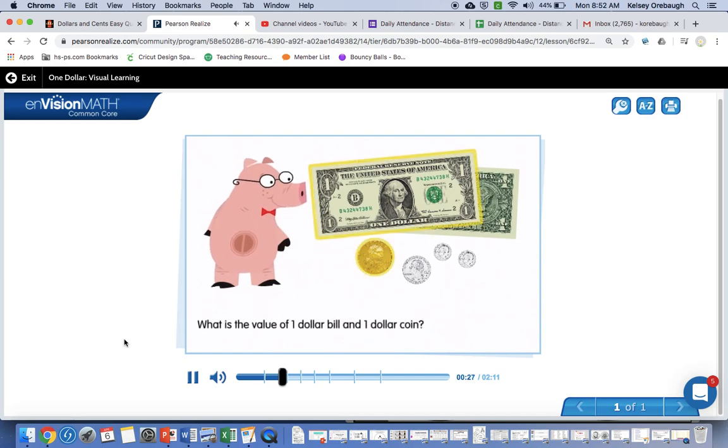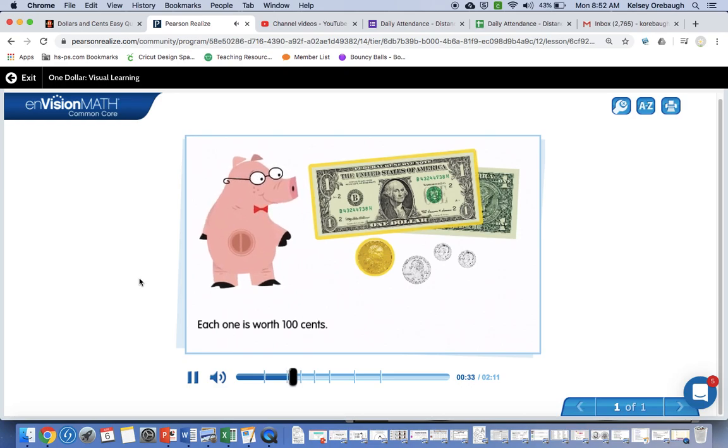What is the value of a $1 bill and a $1 coin? Well, we know from yesterday's lesson that a dollar bill and a dollar coin are worth the same amount. So that would be $1 or 100 cents. Each one is worth 100 cents.